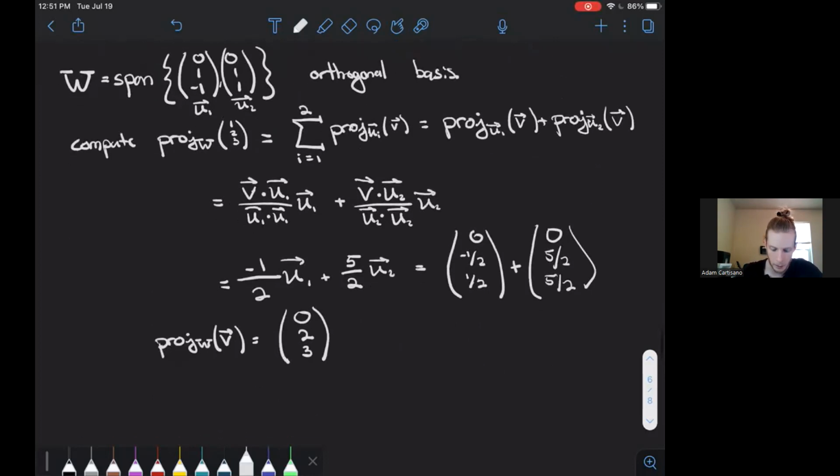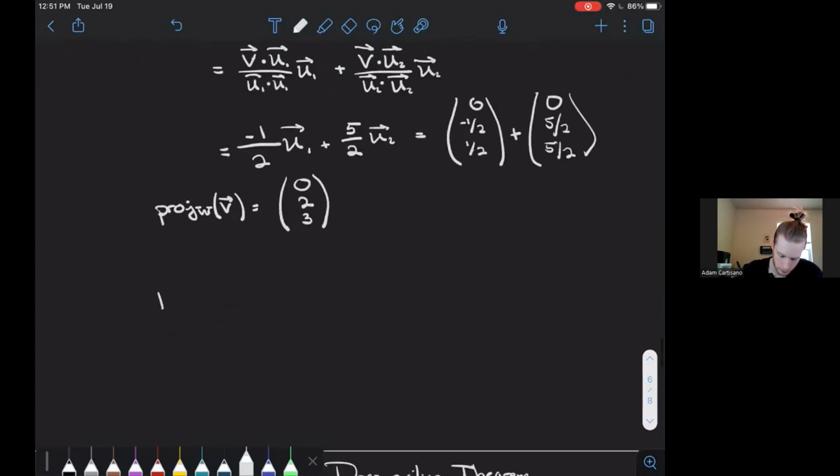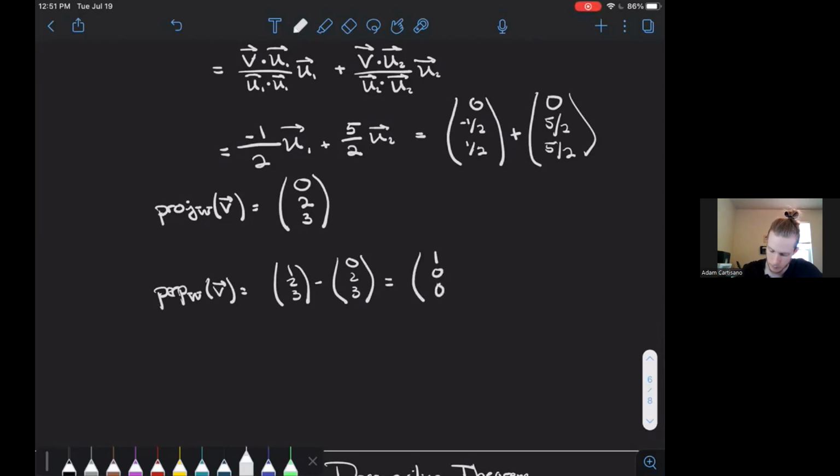And now we want to find perp WV, which is just 1, 2, 3 minus 0, 2, 3, minus proj WV, which is just 1, 0, 0. That's the perpendicular component.